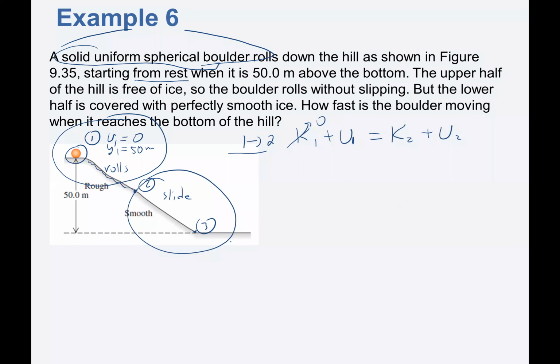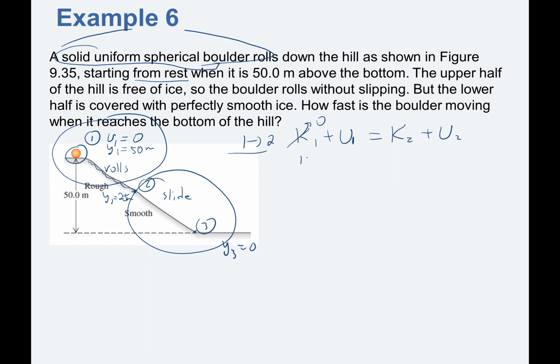So I'm taking y3 equals 0. Then what will y2 be? We are told the upper half, so y2 here is 25 meters. Since it has a vertical position, there is also potential energy.